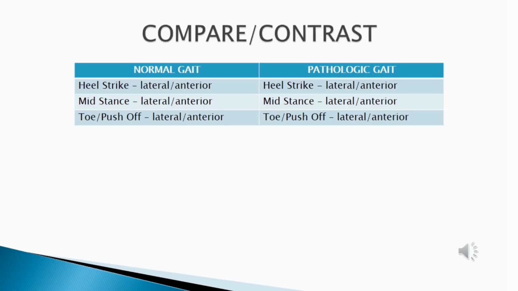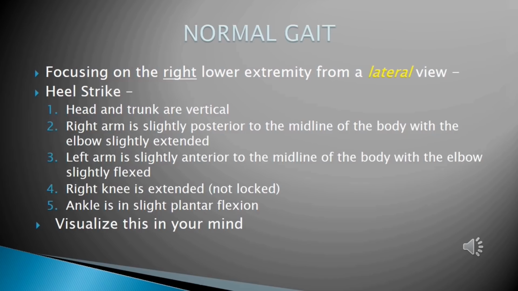Let's consider normal gait, focusing on the right lower extremity, beginning first with a lateral view. Okay, so we're now considering heel strike of the right lower extremity from a lateral view. And I want you to picture this in your mind.